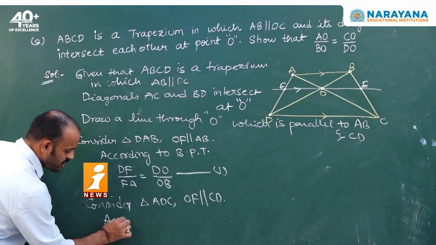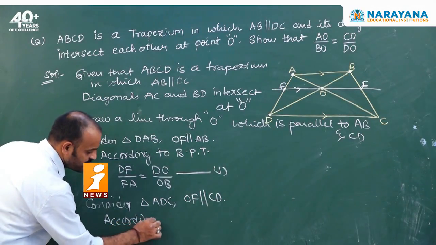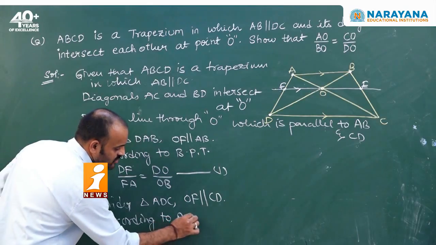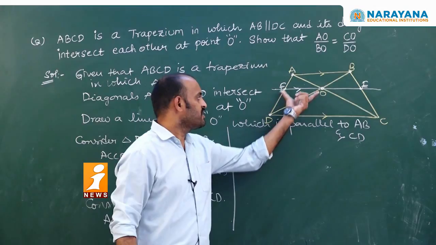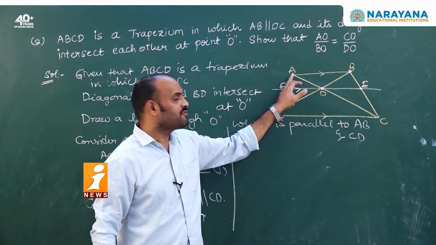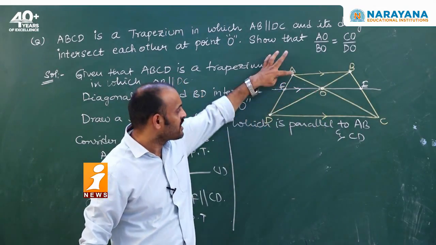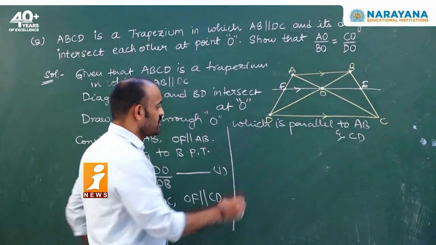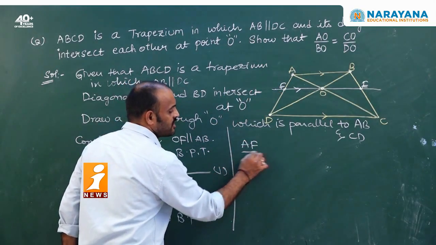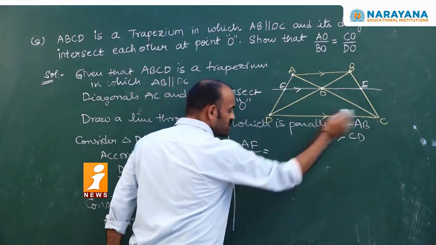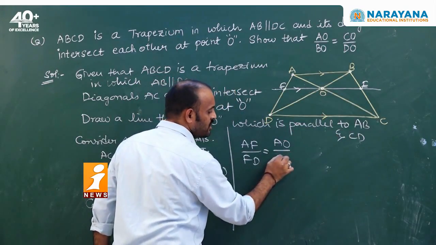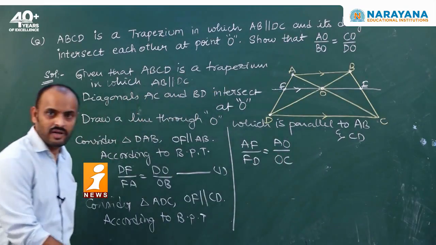According to BPT, OF is parallel to CD. Therefore, I need to start with vertex A. AF by FD is equals to AO by OC. This is the second one.